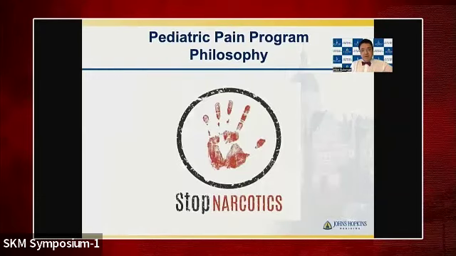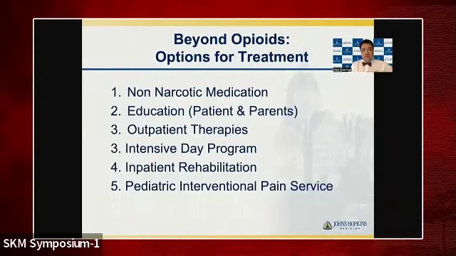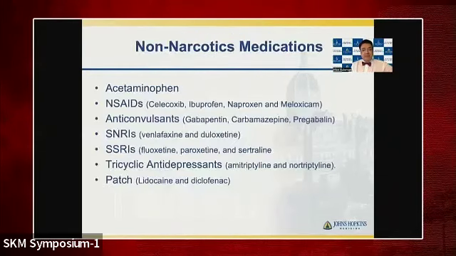So we say that narcotics is not a good choice for pediatric chronic pain. If we are not using a narcotic for pediatric chronic pain, then how do we treat? We use non-narcotic pain medications: Tylenol and NSAIDs, anti-inflammatory medication.